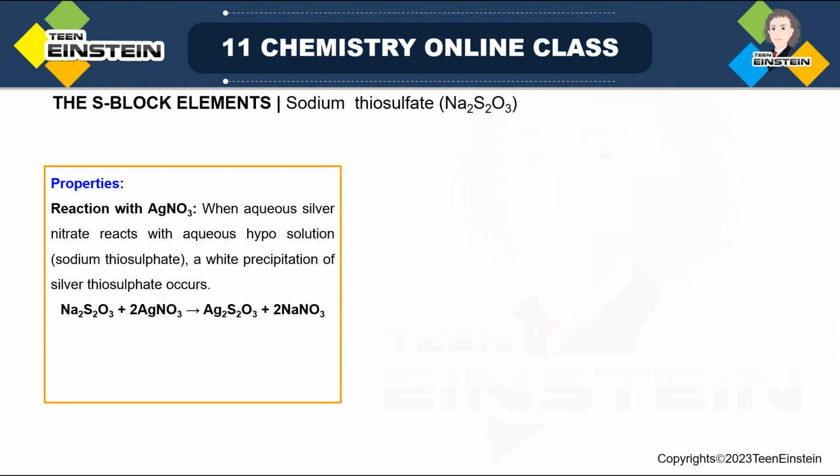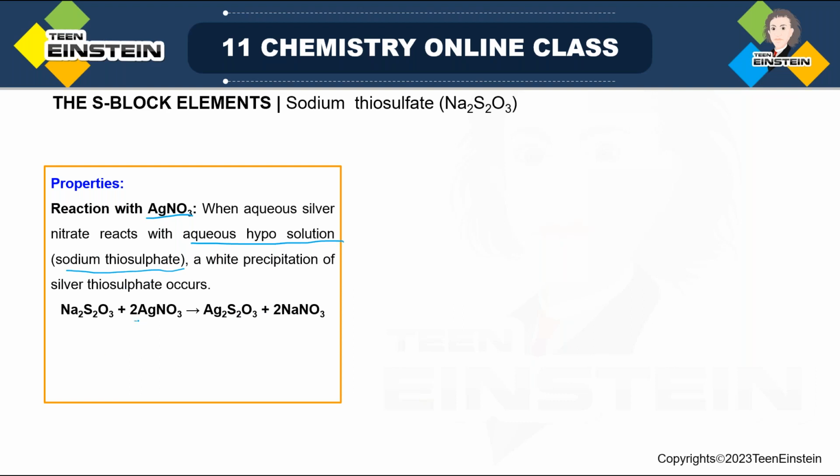Next we have reaction with AgNO3. What do we call it? It is silver nitrate. So reaction with silver nitrate, in aqueous medium obviously, it reacts with aqueous hypo solution. Aqueous hypo solution is basically another name of this molecule, sodium thiosulfate.